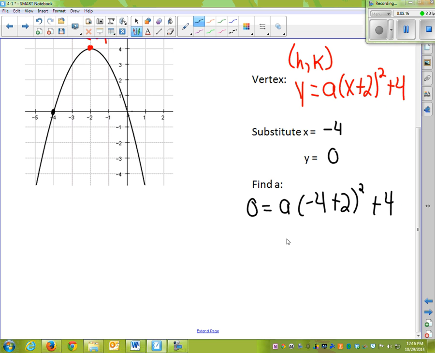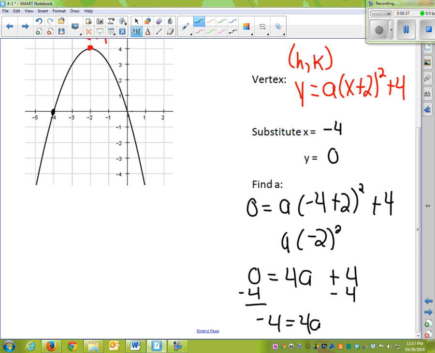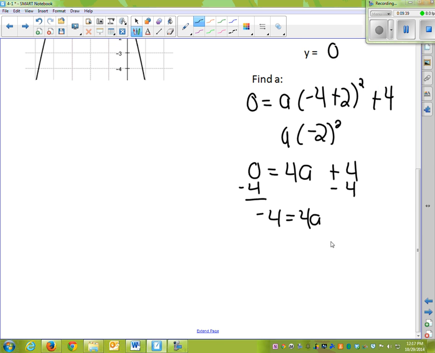-4 plus 2 is -2, and -2 squared is 4. So I have 0 equals 4a plus 4. Subtract the 4 from both sides and divide by 4. A equals -1.